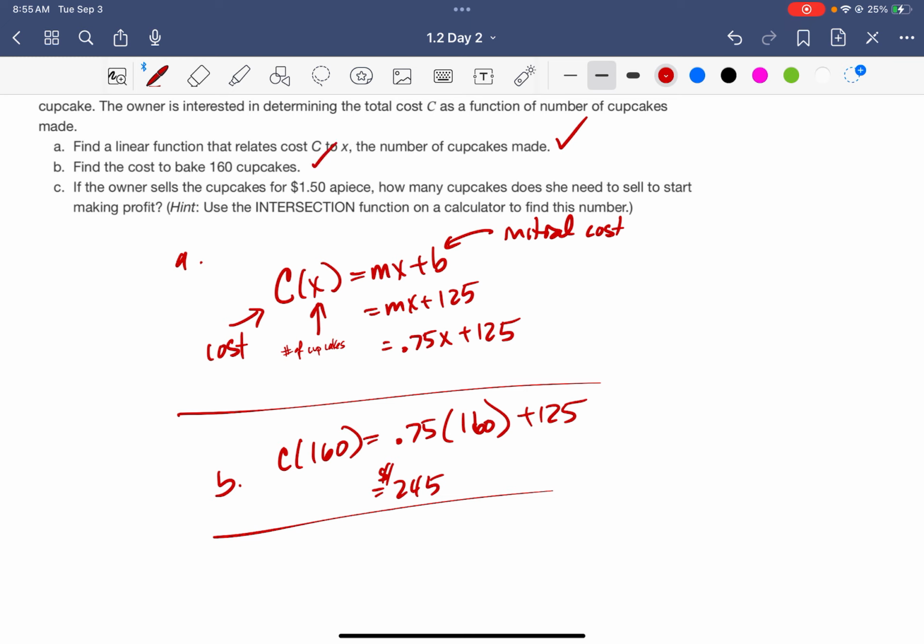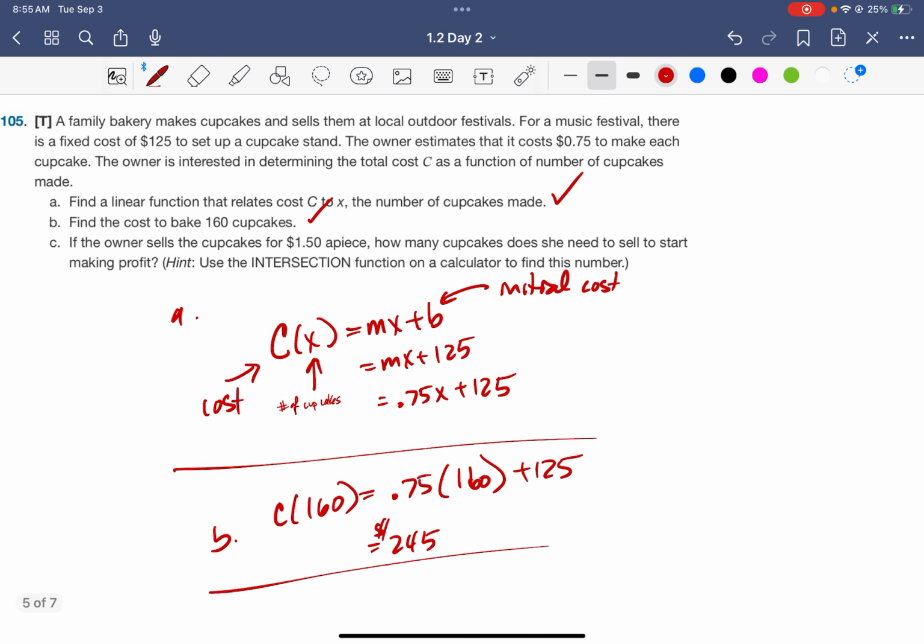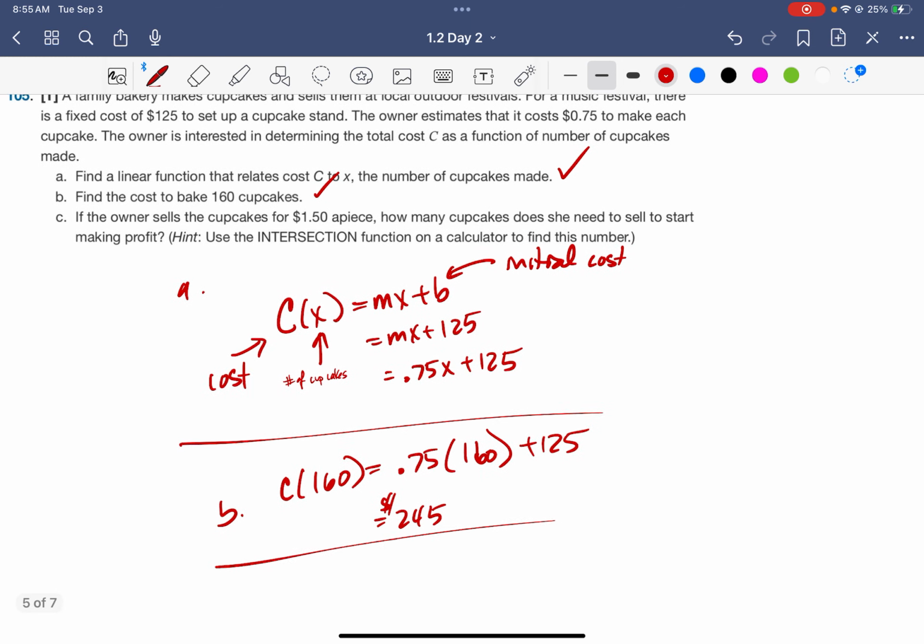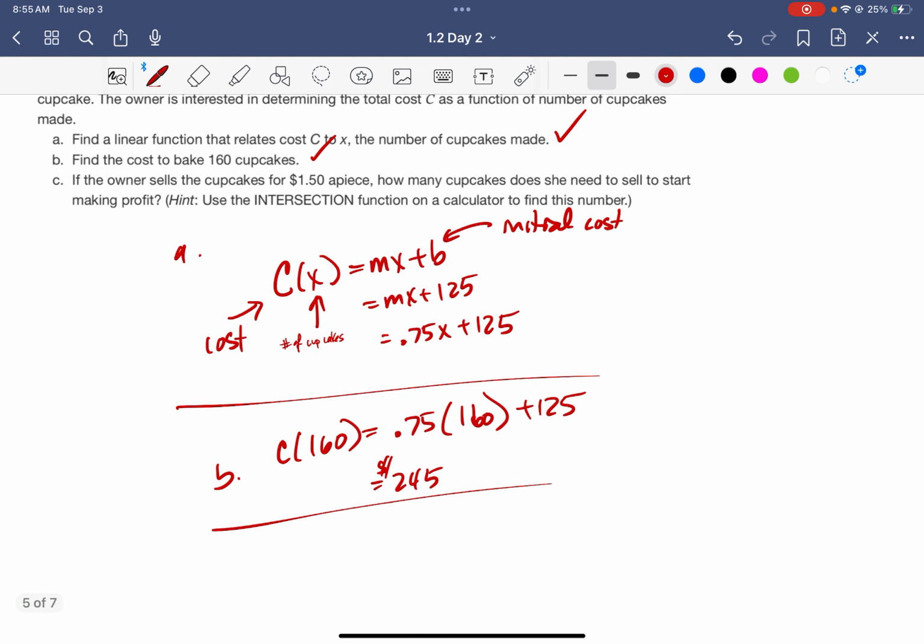The owner sells the cupcakes for $1.50 a piece. How many cupcakes does she need to sell to start making a profit? Okay. So we'll call this our sell function.